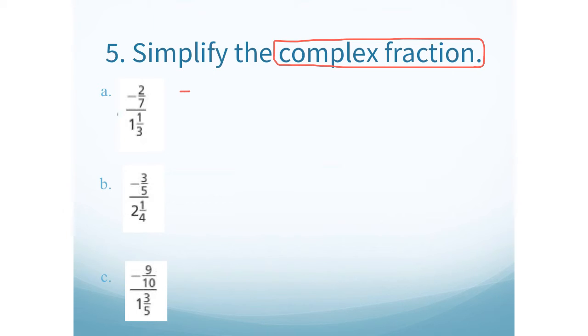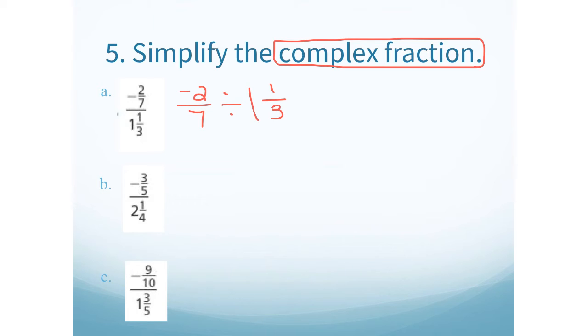A is showing us negative 2/7 divided by 1 1/3. When we see a complex fraction, our first step is to write it from left to right. Write it horizontally.